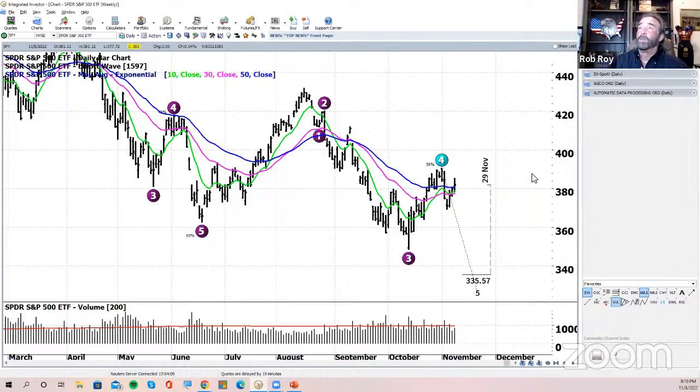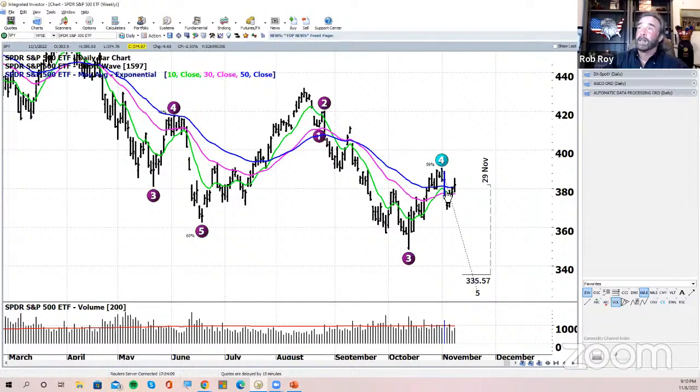Until we break above this wave 4 high that occurred on November 1st, you can see we're at 59%. We could go a little bit above that and get exactly to that 61.8% fib level without changing this wave 5 pattern at all. So there's a little more room to the upside if the market wants to do that.